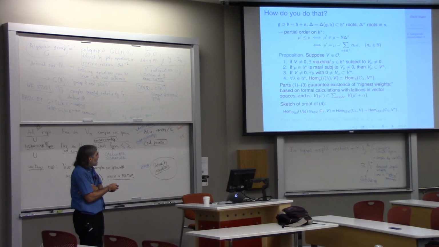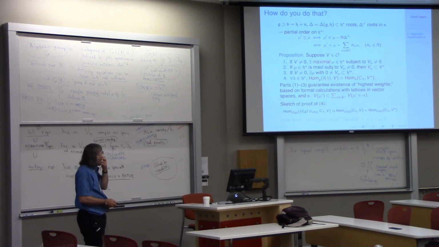I've gone from a module, the C lambda for the small ring U of B, to a module for this big ring U of G. And in that setting, there's a formal identification that maps over the big ring are the same as maps over the small ring. And you just calculate those and you get this.